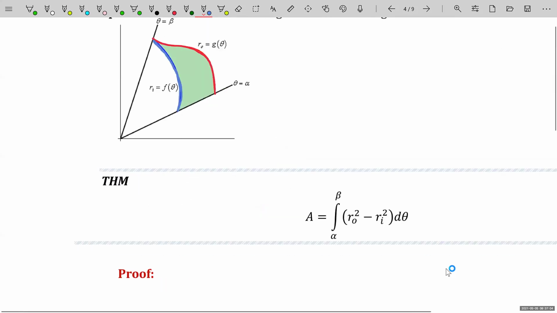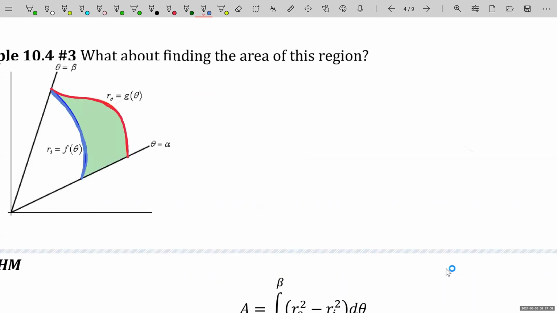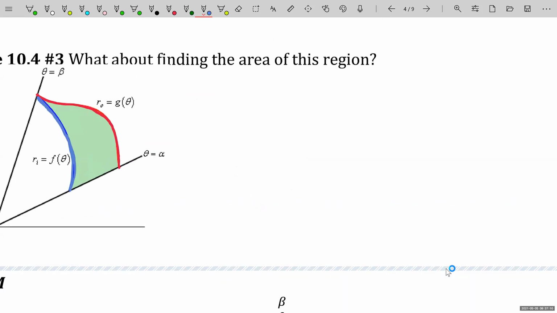And so if you find the area, let me just do it this way. Area should equal, well, we would integrate from alpha to beta, those are the angles, of the outer, which is 1/2 g of theta squared d theta.